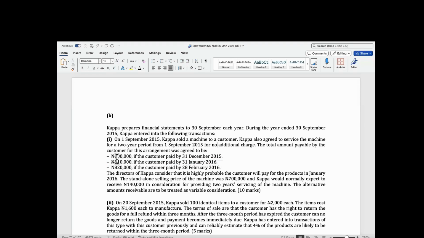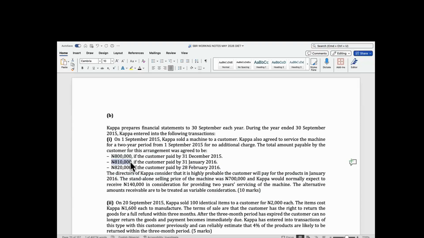So these are the possible prices. But we're told that the customer will pay for the product in January. So that means that we will sell to the customer for 810.